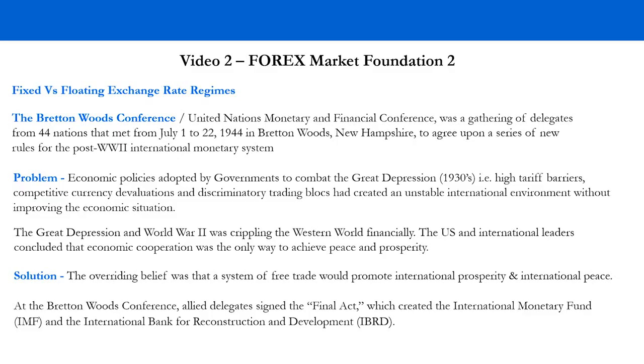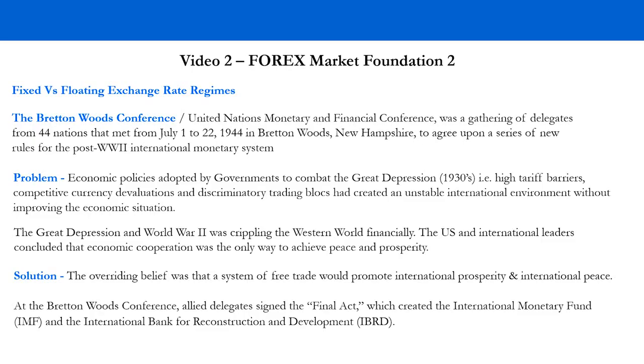The US and international leaders after World War II basically decided that the only way to deal with these two major issues was further economic cooperation, and this in turn would achieve peace and prosperity. So the solution that was put forward was an overriding belief that a system of free trade would promote international prosperity and international peace.